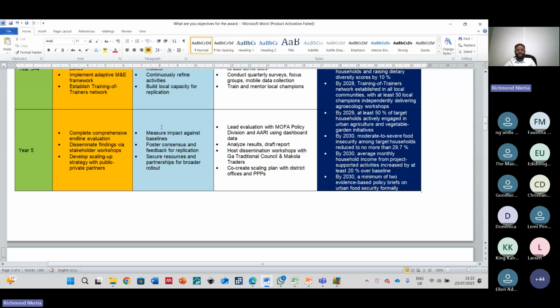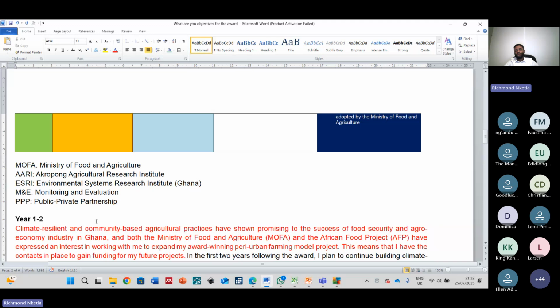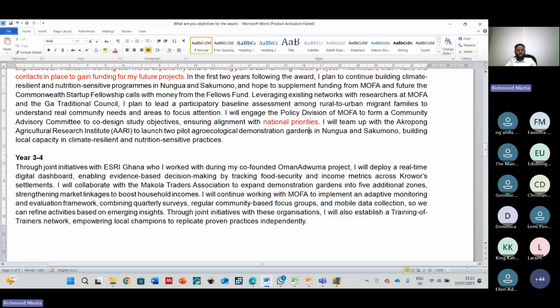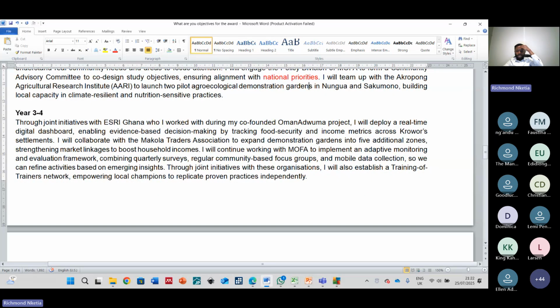Where do I need improvement? And that is monitoring. You need to keep track of what you're doing and see where you need to focus attention and areas where you might need some modifications. Through joint initiatives with these organizations, I will also establish a trainers network, which will empower local champions to replicate the proven practices independently.